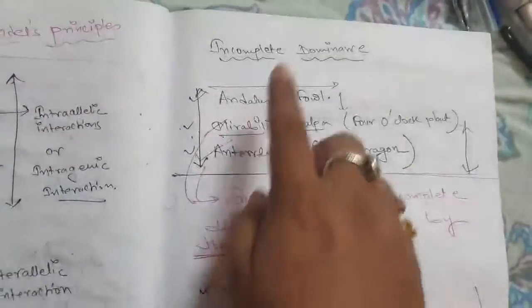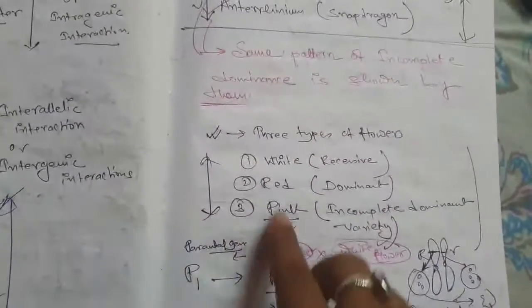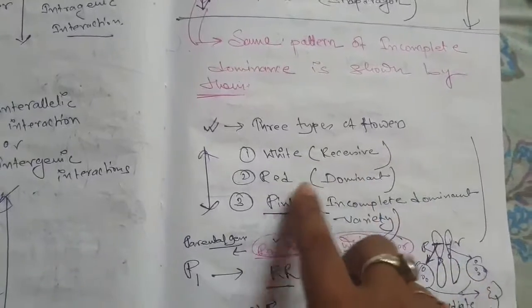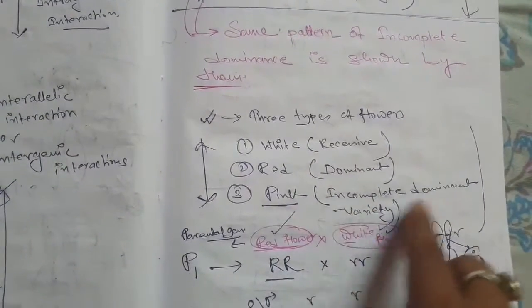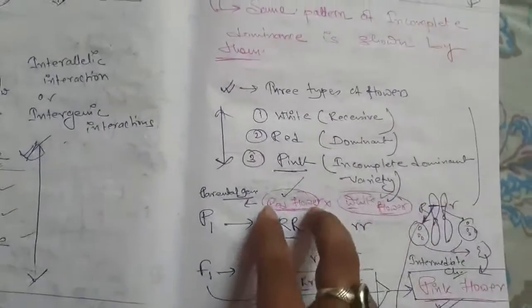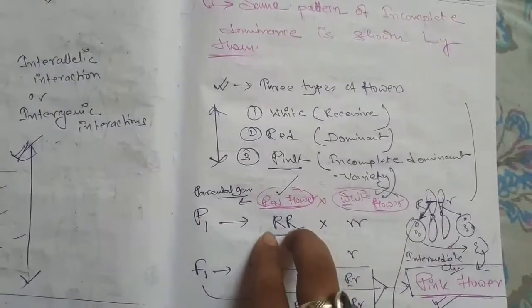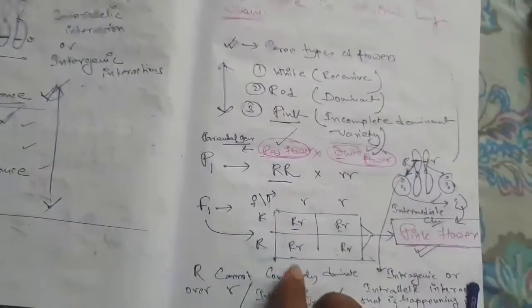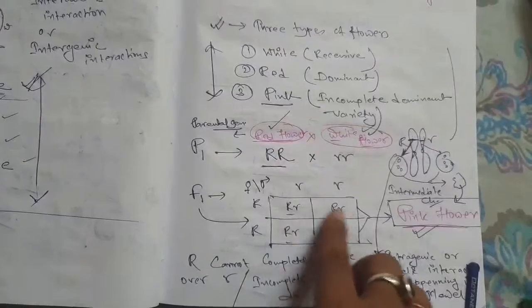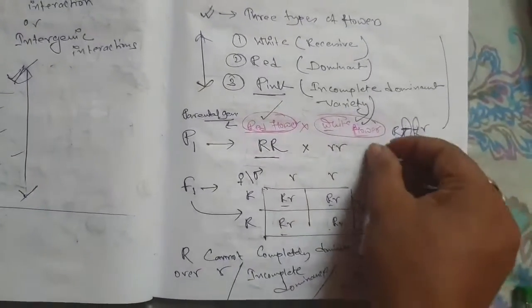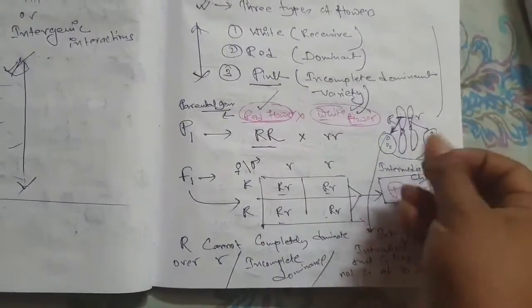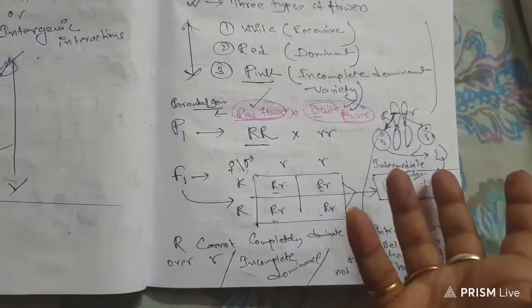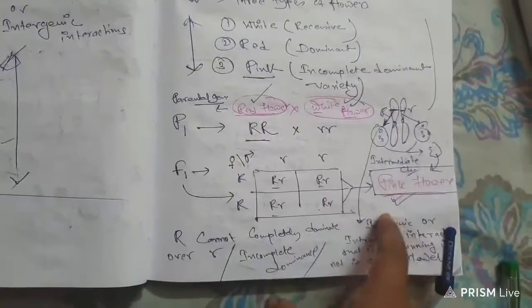Don't forget, these are examples of incomplete dominance. White flower is recessive, red flower is dominant, but pink flower is the incomplete dominant variety. Now if you cross a dominant with a recessive, capital R into small r, in the F1 generation you get all pink flowers, because both of them will produce proteins which will mix and give a pink coloration. So this is incomplete dominance.